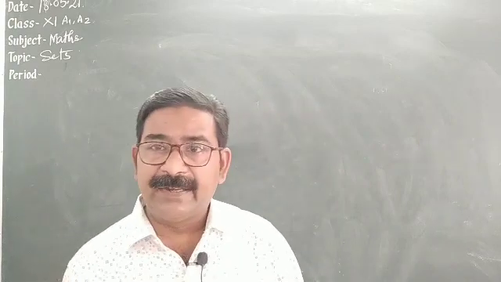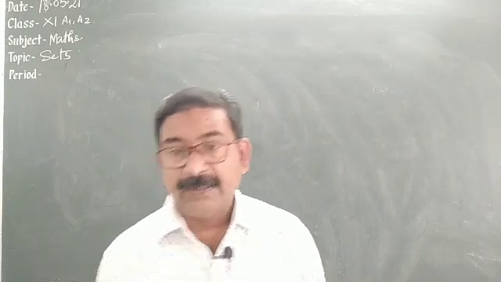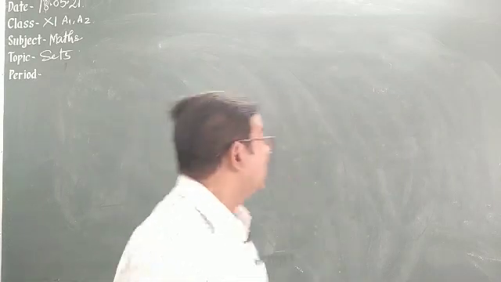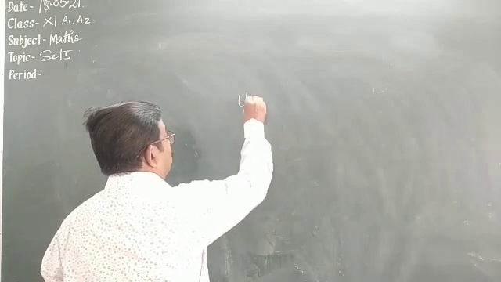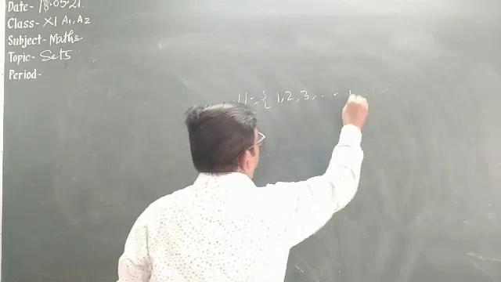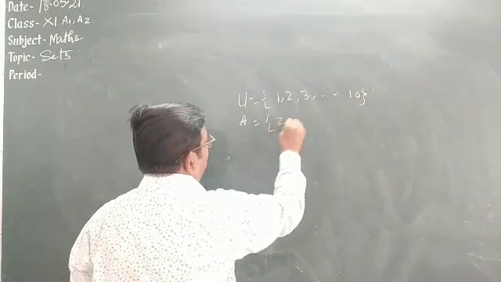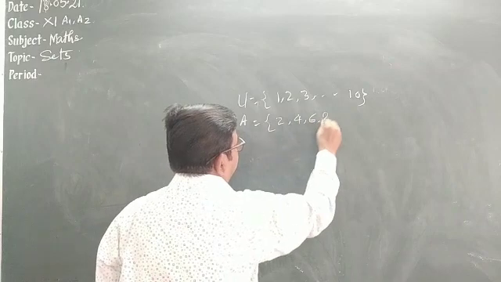Before starting De Morgan's law, make your mind clear that if suppose U is a set containing 1, 2, 3 to 10, and A is a set having 2, 4, 6, 8.